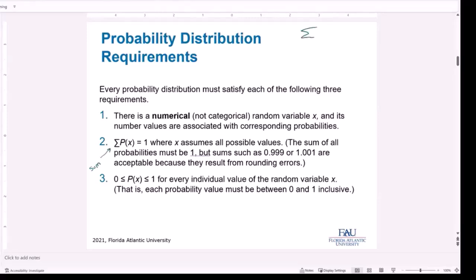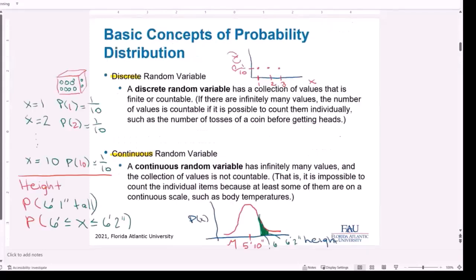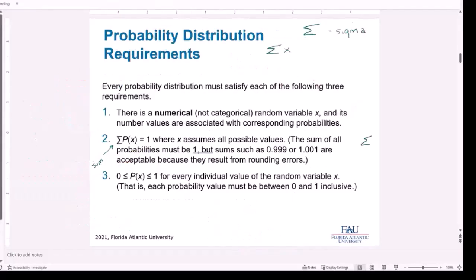This is a sigma. And if I say I want to sum all these probabilities, 1/10 plus 1/10 plus 1/10, 10 times, for that example, the sum of P of X is equal to 1/10 plus 1/10 plus, and there's 10 of these.